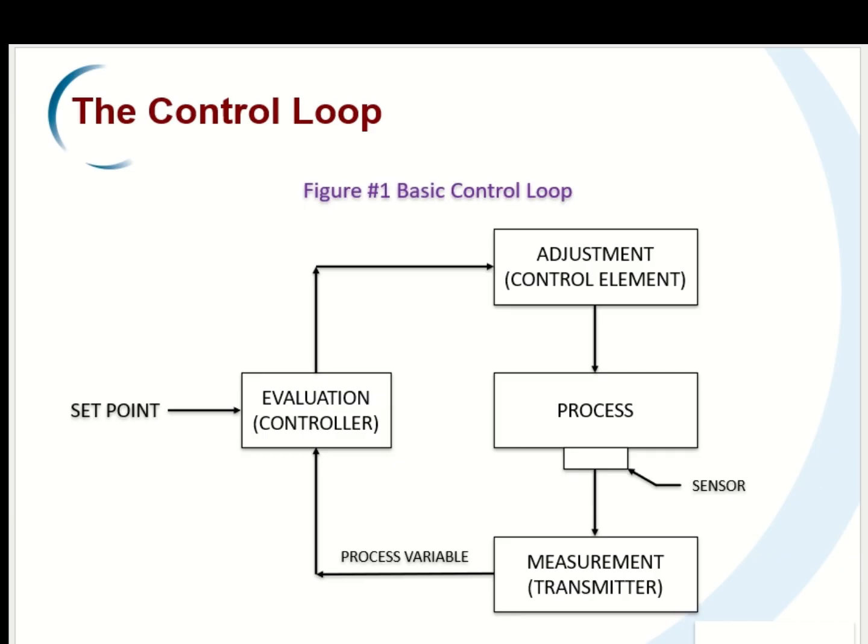So every control loop in every plant resembles what's shown in figure 1. The sensor and the transmitter perform a measurement of the control variable and produce an output signal referred to as a process variable. You can see this process variable sitting here.